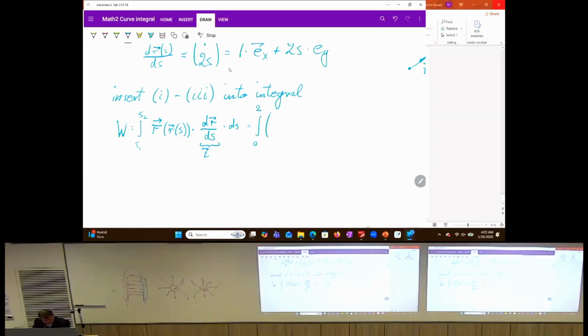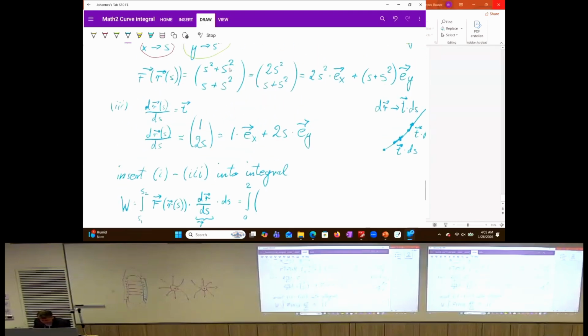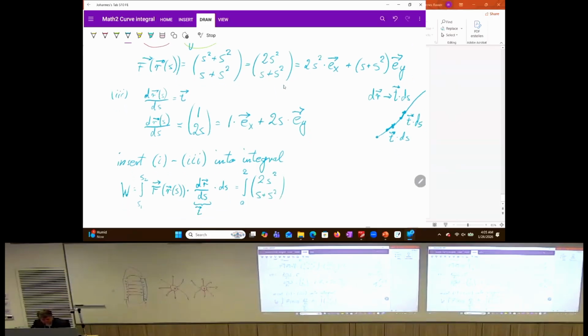The force we said, if we express it in terms of the curve parameter, is 2s squared and s plus s squared. That's our force. Then our line element has x component 1, and the y component is 2 times s.